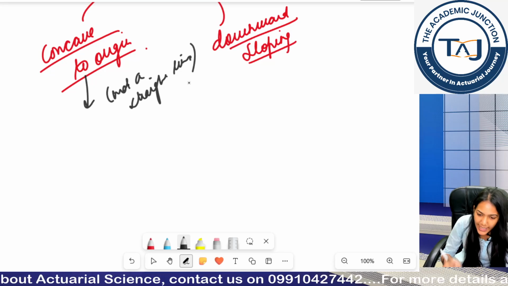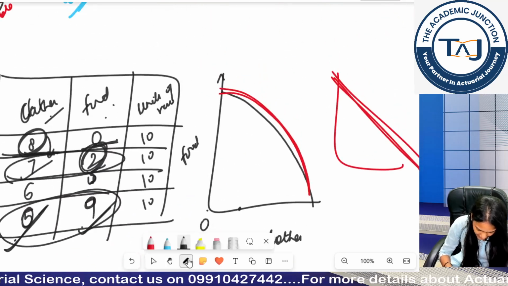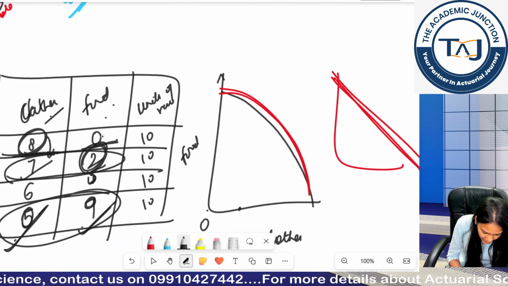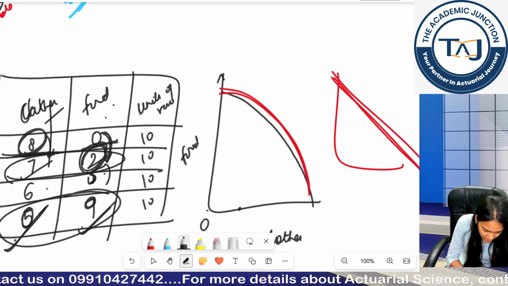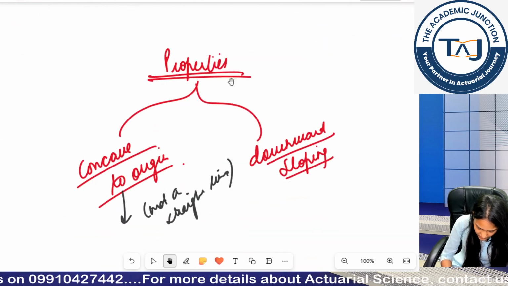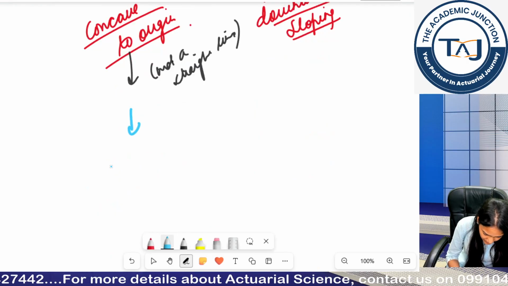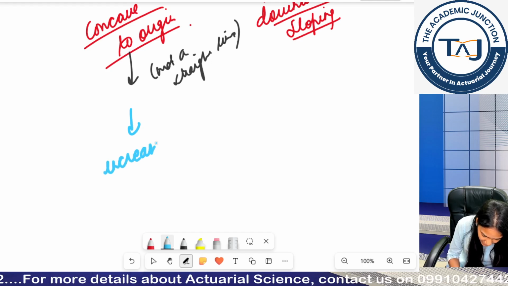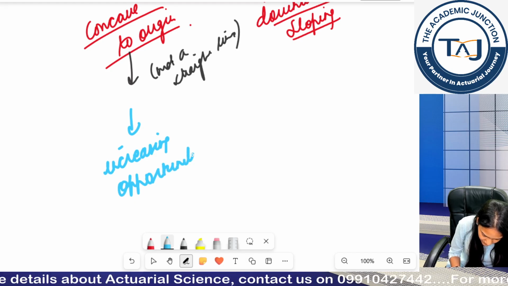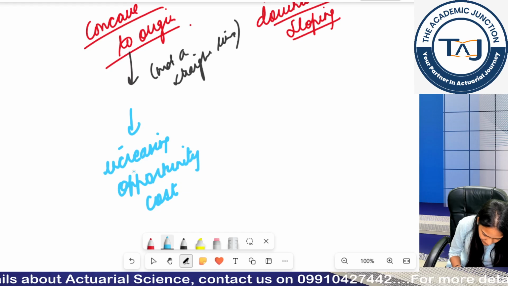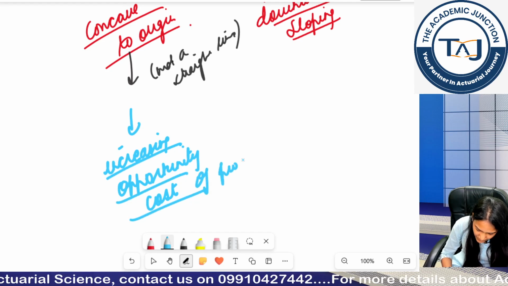So basically, as you can see, as I increase more and more units of food, I am reducing the units of clothes. So there is a concept called increasing opportunity cost of production.